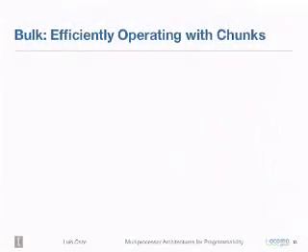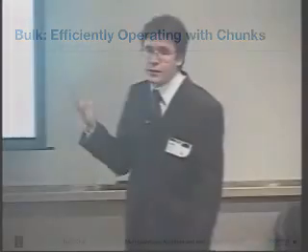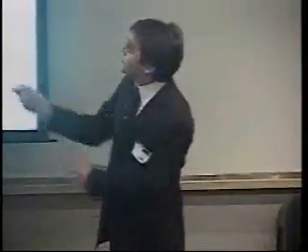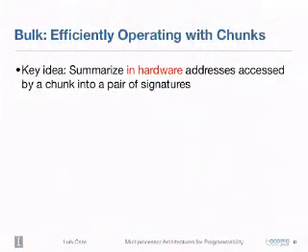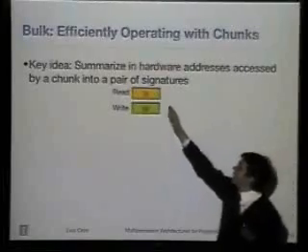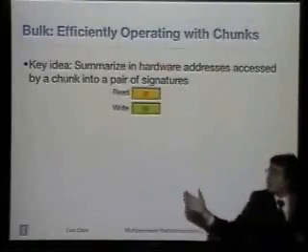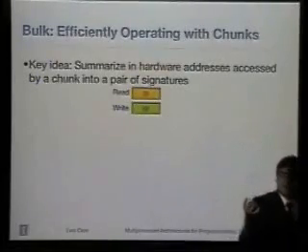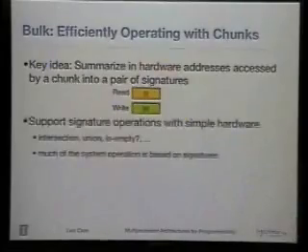Now, since chunks are the unit of operation, we need a very efficient way of operating with these chunks. That's where bulk, the idea of the signatures that I mentioned earlier in the talk, comes into play. The key idea is to summarize in hardware the addresses accessed by a chunk into a pair of signatures, a read signature and a write signature. A read signature describes everything that was read by a chunk, and a write signature describes everything that was written by a chunk.